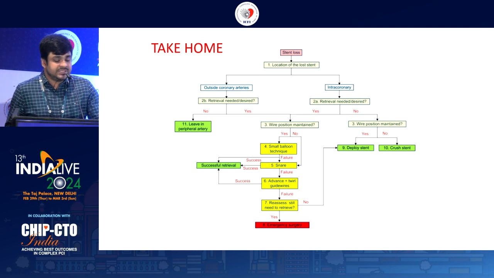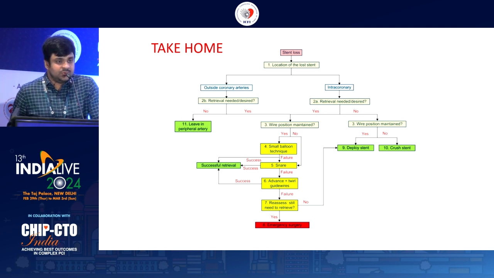So if the stent is lost in the intracoronary artery, you decide whether retrieval is required or not. If retrieval is not required and the wire is in position, you can deploy the stent or crush the stent. If the wire is not in position, then you can crush the stent. If outside the coronary arteries and retrieval is not required, then you can leave it in the peripheral artery.